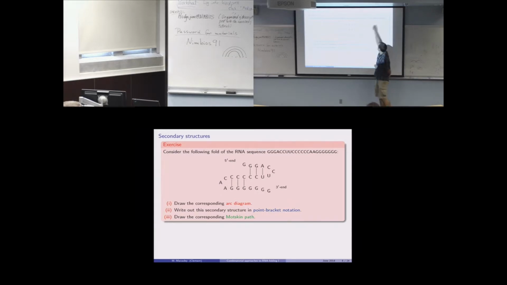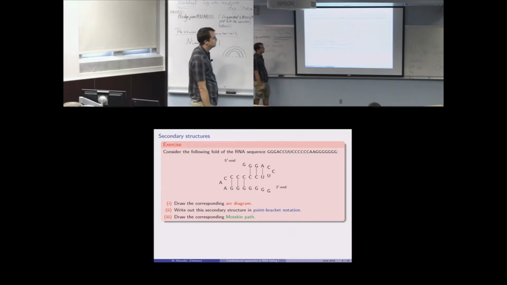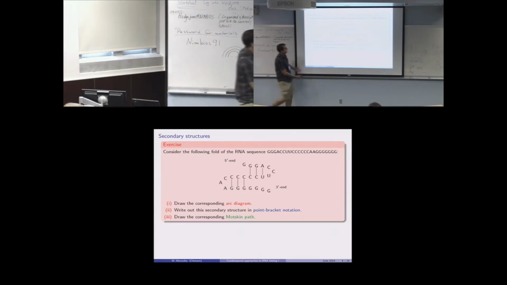So yeah, just draw the sequence, put numbers underneath it, and then put brackets. This sort of represents how this thing might be laying down. And so these are the bonds.